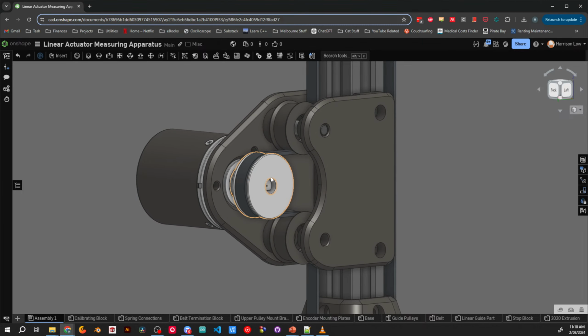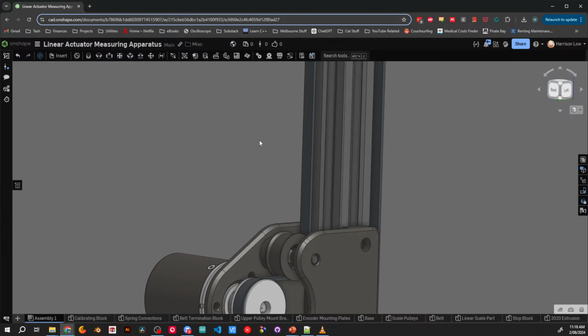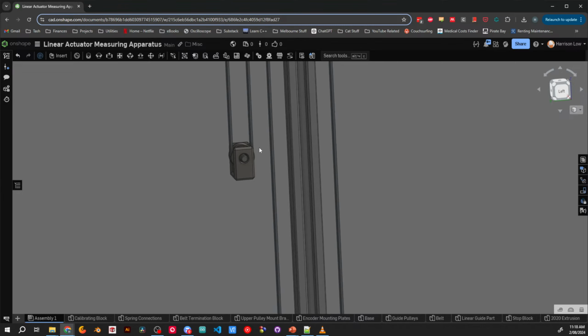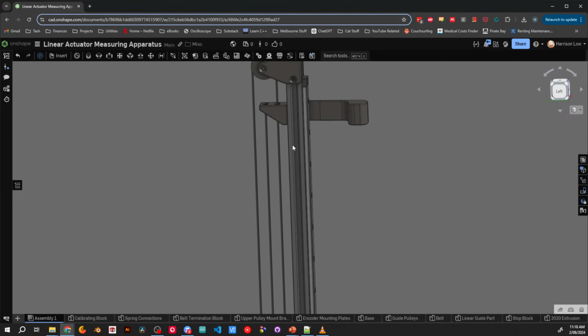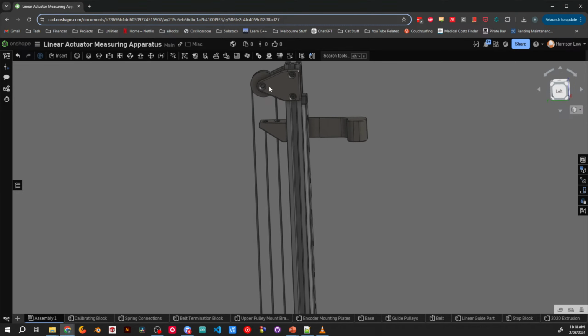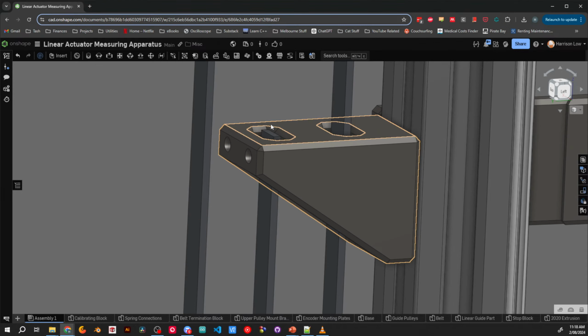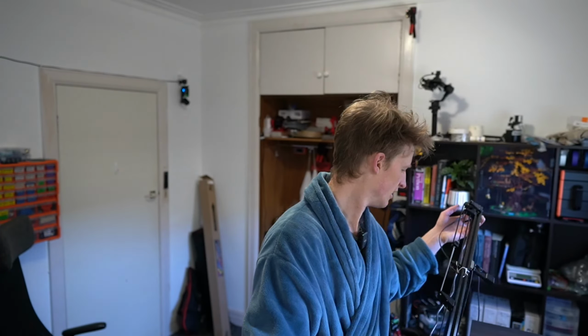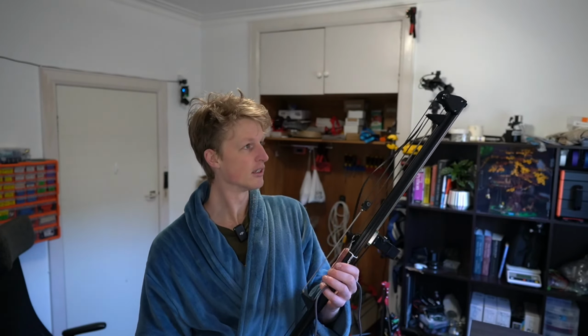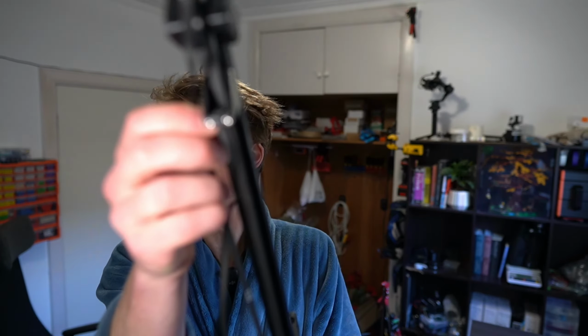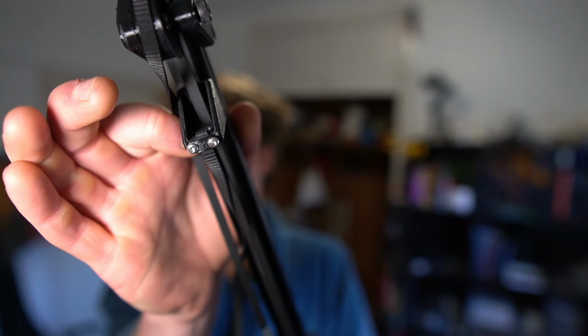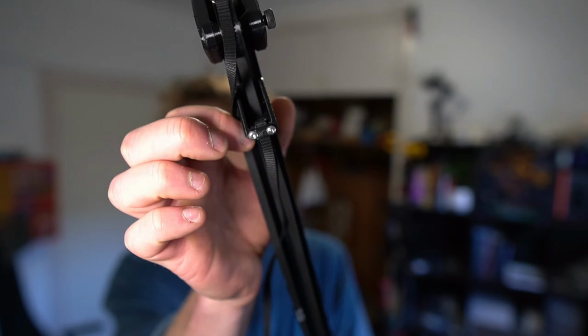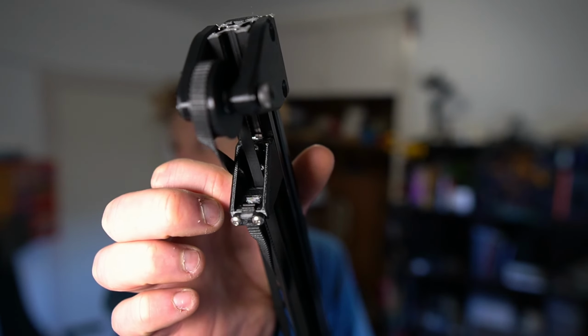This goes over the toothed pulley that's attached to the encoder, and then it goes all the way up to the top, around the top pulley, down around this pulley, and then it terminates on here. I haven't really done the termination thing, but it basically just wraps around. I can show you on the real thing. Up here. It wraps around the outside of the block, and then just gets clamped down by a little 3D printed bracket.